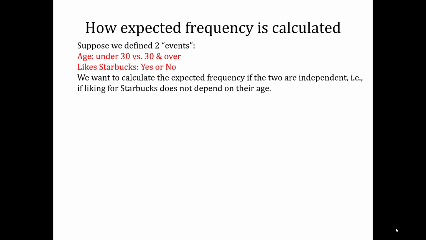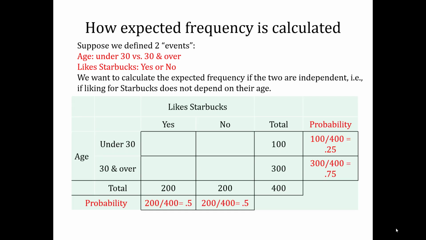That is, liking for Starbucks does not depend on their age. Here's what a crosstab of the two variables might look like. The columns represent liking for Starbucks and the rows represent the age groups. The row totals show the number of people in each age group, 100 and 300, and the column totals show the number of people in the like and don't like groups, 200 and 200.